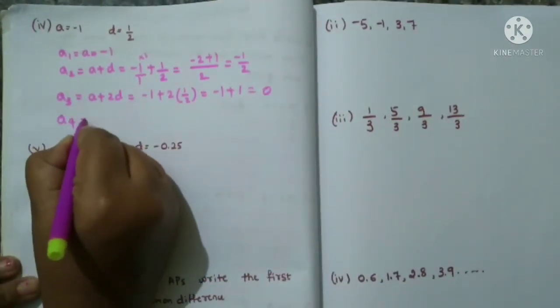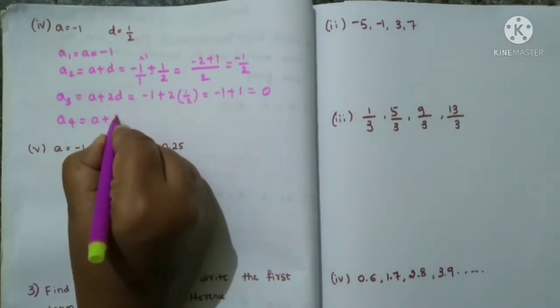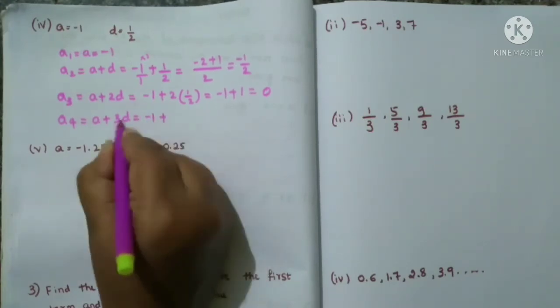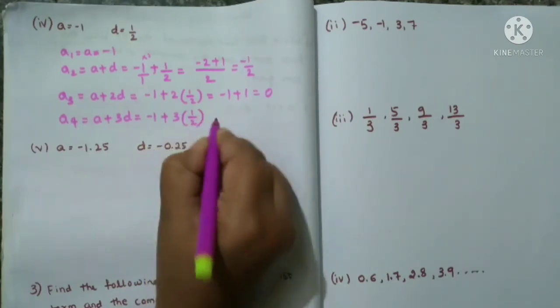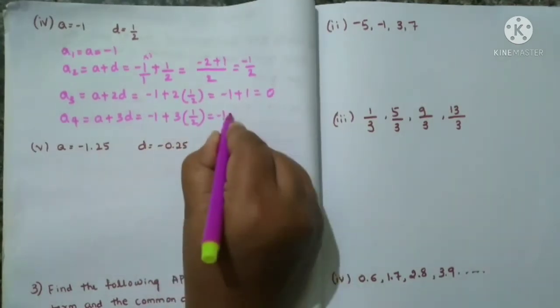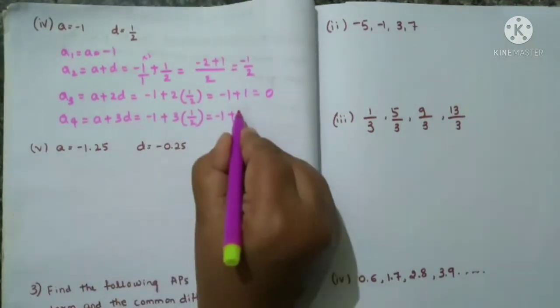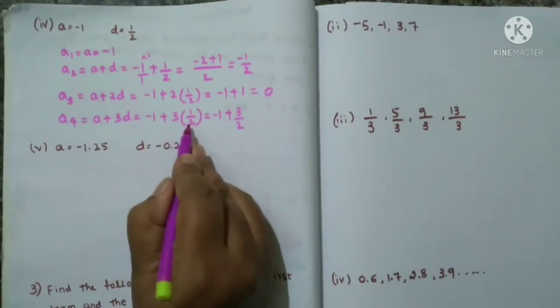Next A4 is A plus 3D is equal to A is minus 1 plus 3 as it is I am writing. D value is 1 by 2. Just observe it. Minus 1 plus 3 I'll multiply inside the bracket. 3 into 1 is 3 by 2. 2 as it is. Don't multiply with the denominator here.